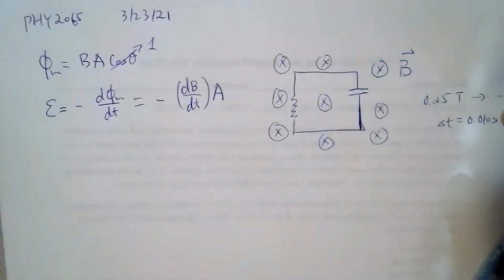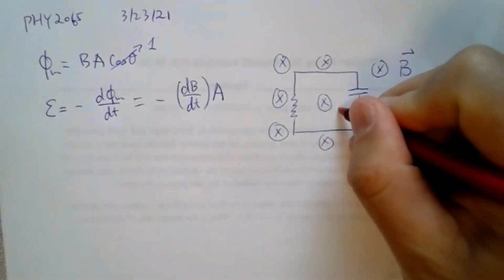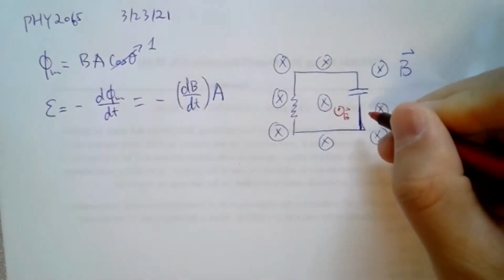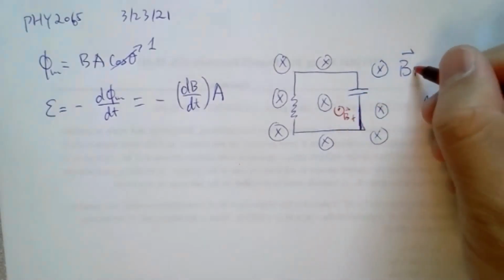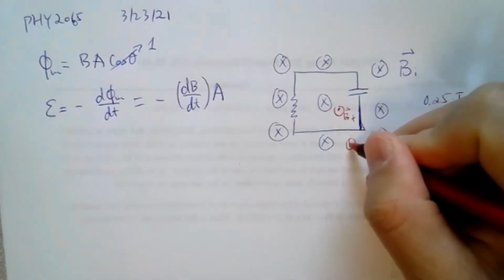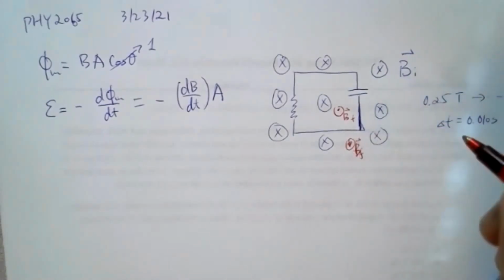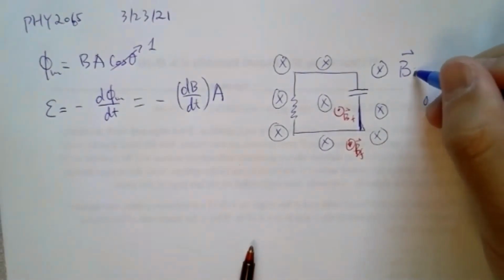Now it's changing from positive to negative. Negative means the final B field is going to be pointing out of the paper.